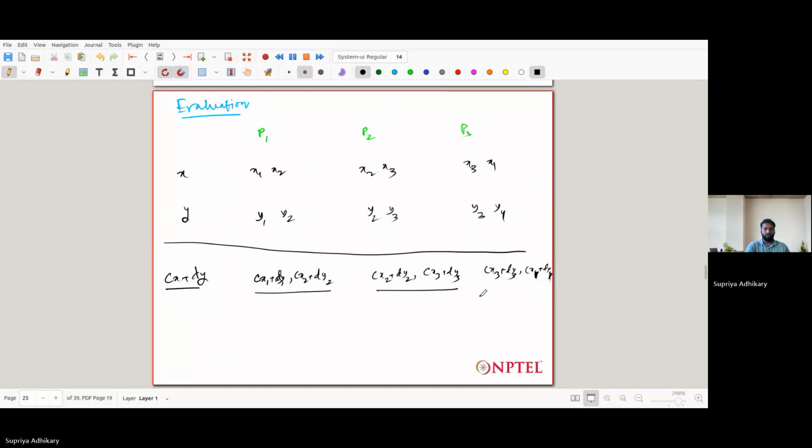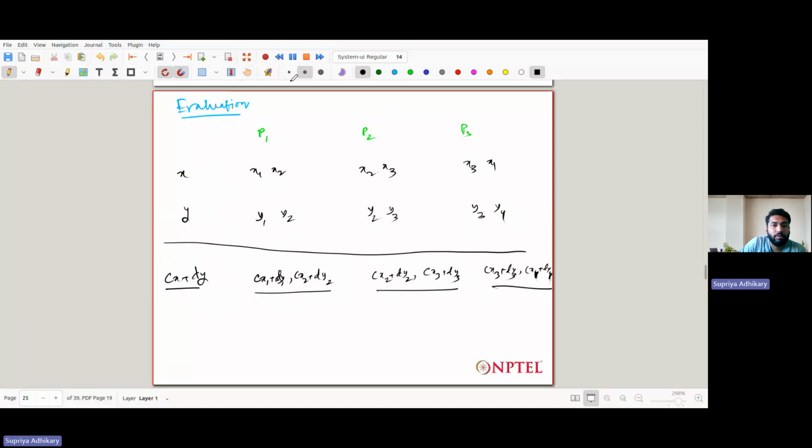So for any linear function we don't need any interaction, but rather each participant can just locally compute the shares. So there is no problem with the linear functions.